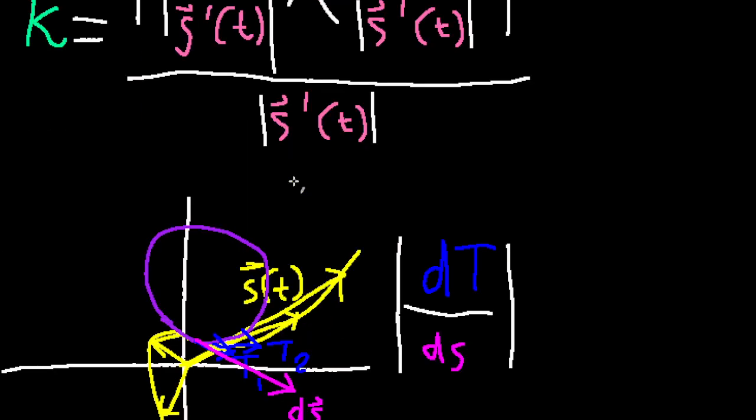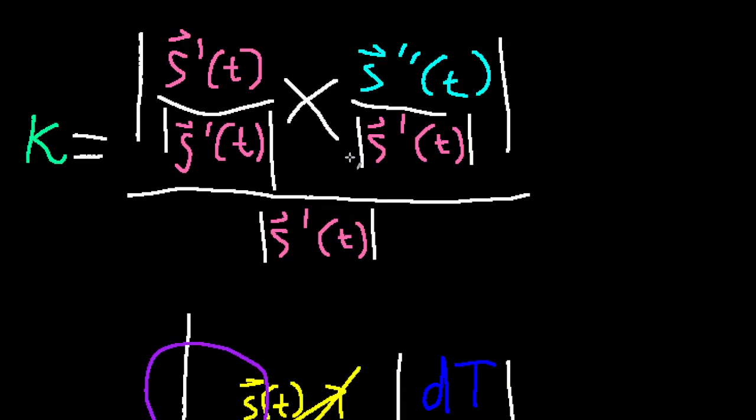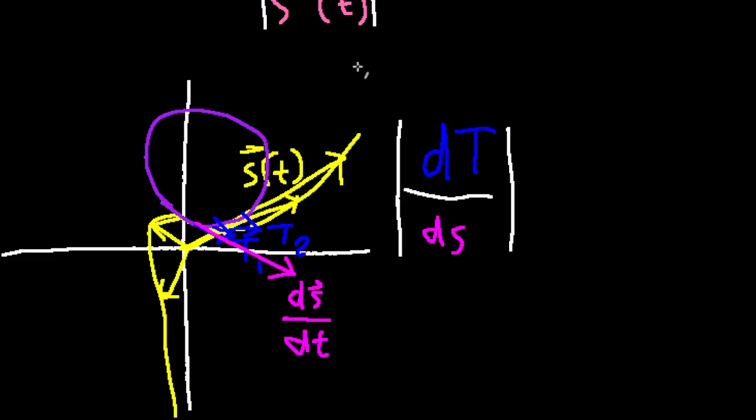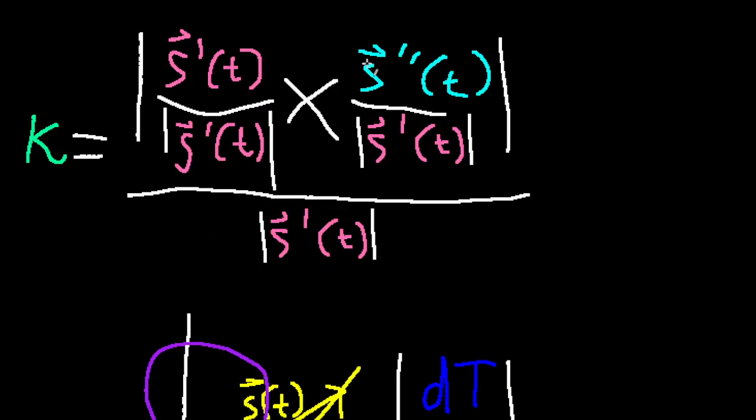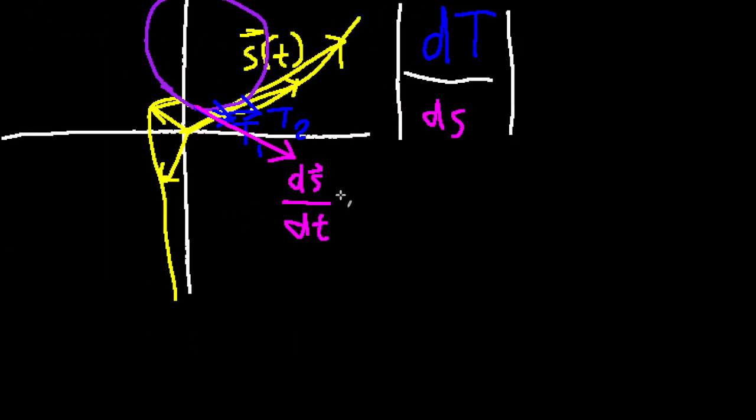So now what we want to do is look at the second derivative. This is the first derivative, right? This is just another way of writing s prime of t.